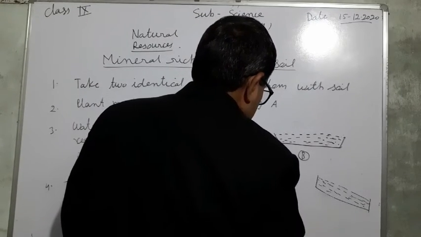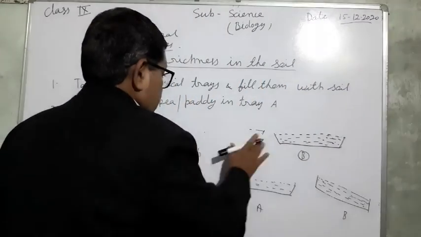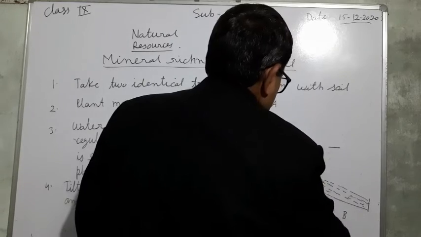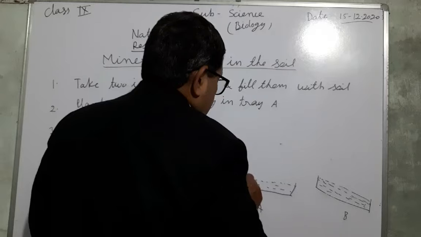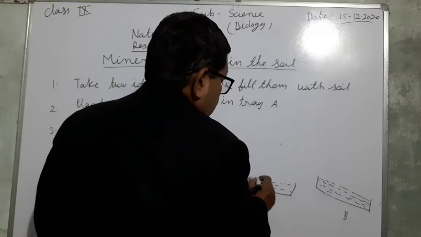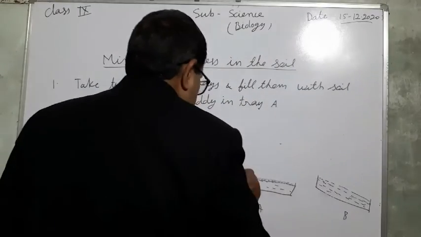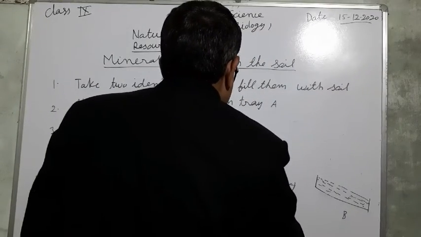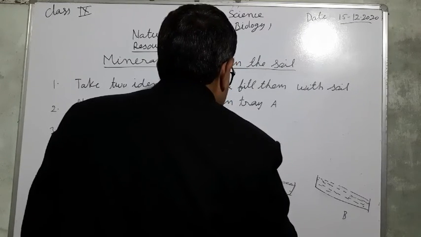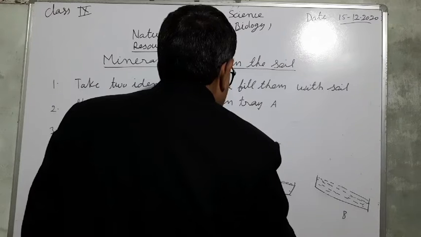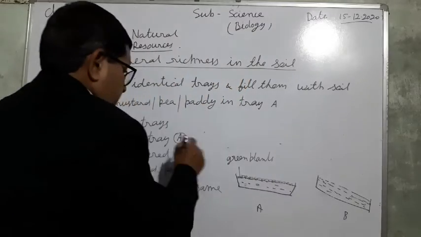Now we have tilted both the trays. Tray A is covered with green plants, which we have grown here.